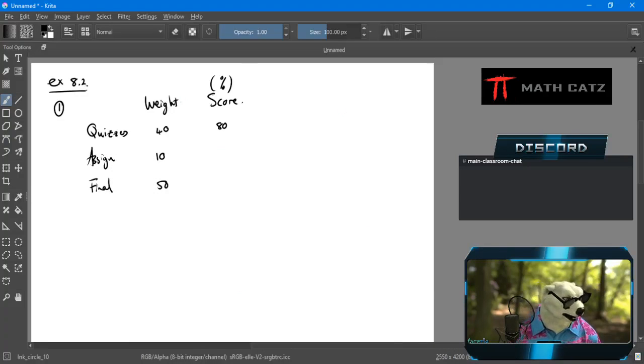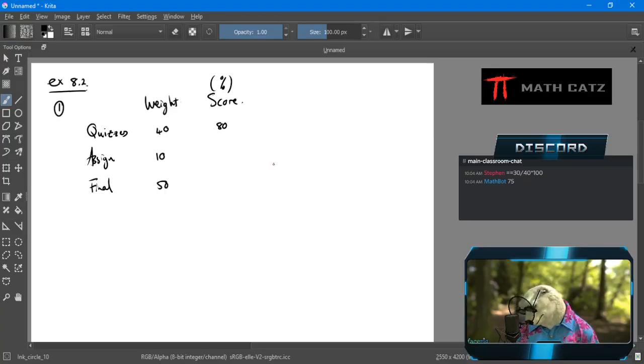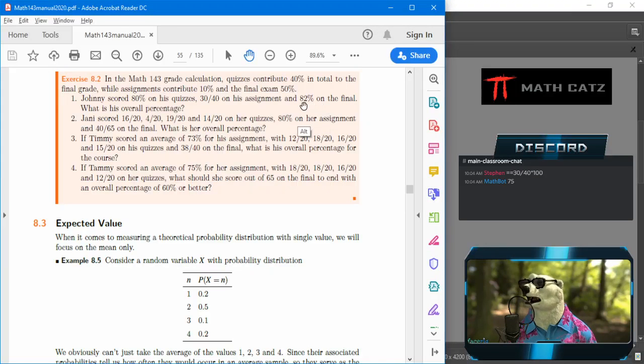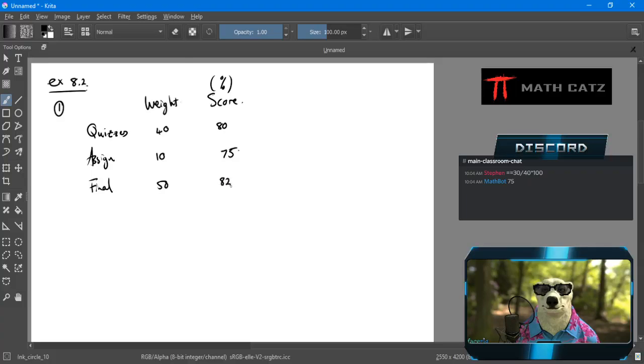We can put it in the chat so people can see it. 30 divided by 40 times 100 would be 75. So 75 is the score on the assignment and 82% on the final exam.